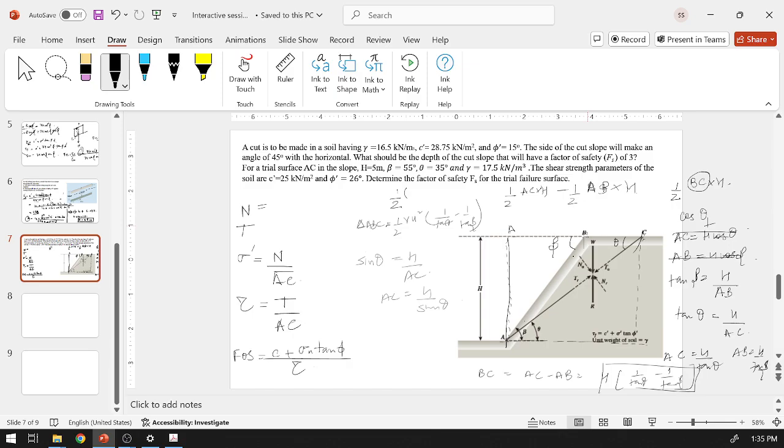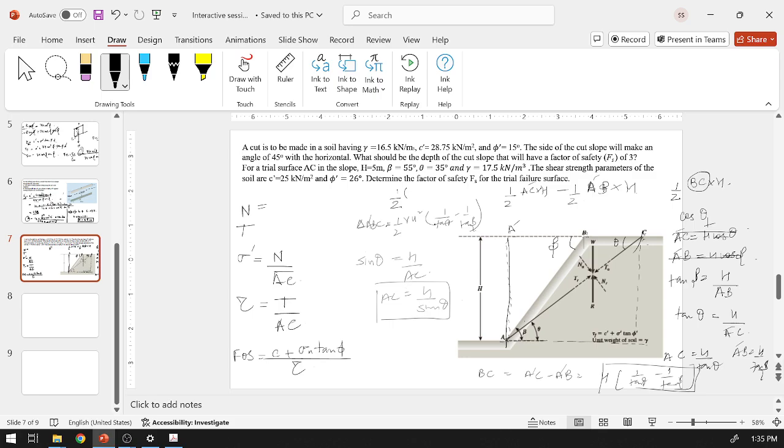Let's call this A dash, because this is getting confusing now. This is not that A, this is A dash. This AC is h by sine theta.